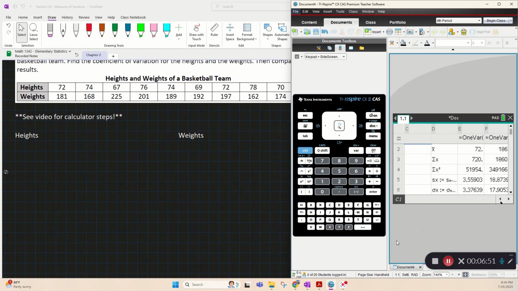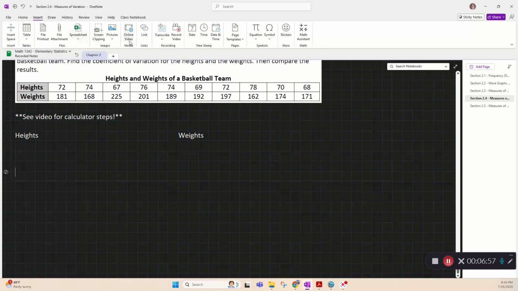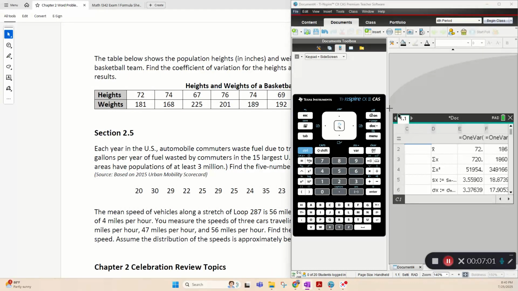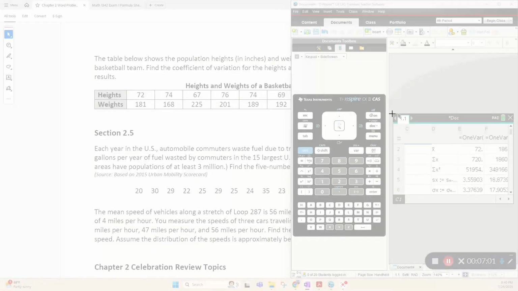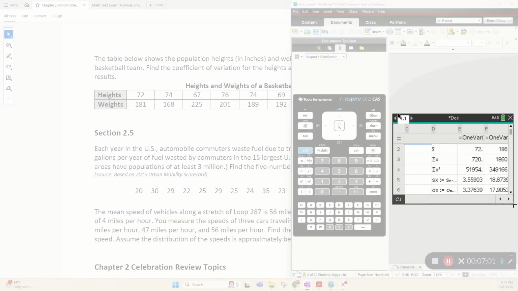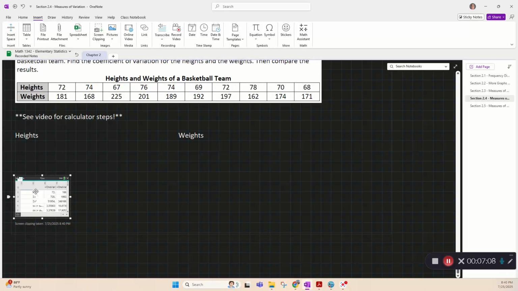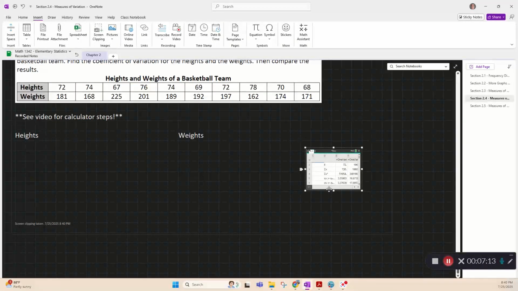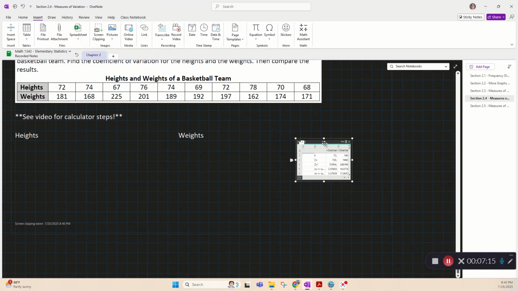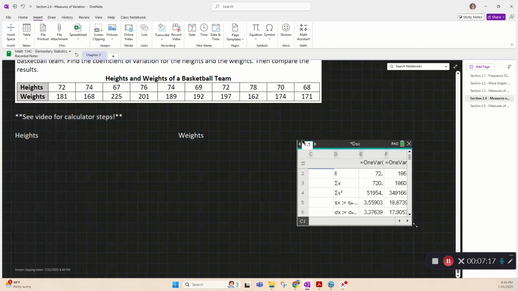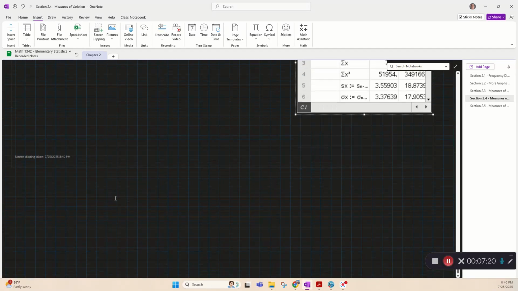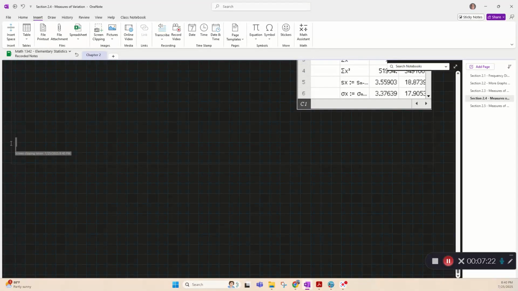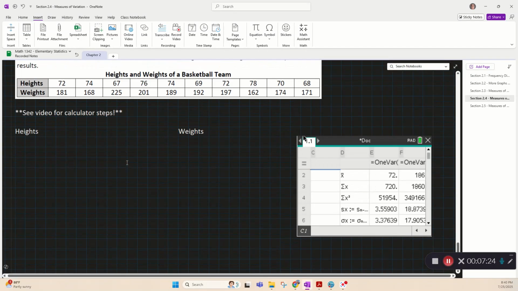Okay, so let's take our values here. I'm going to screenshot this because I want it. Insert screen clipping.